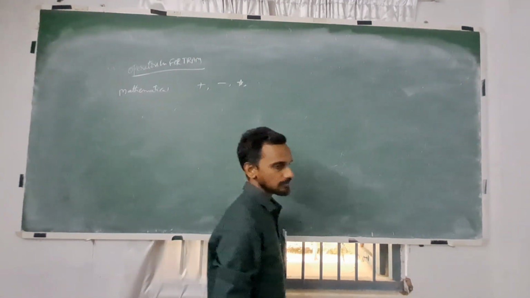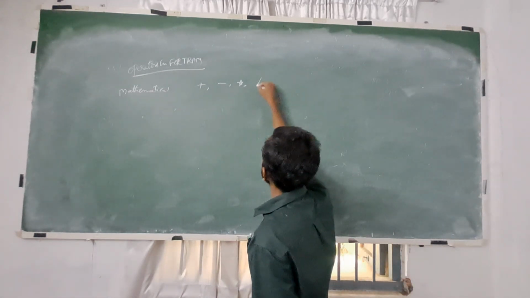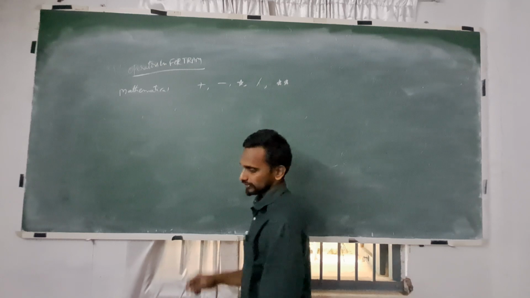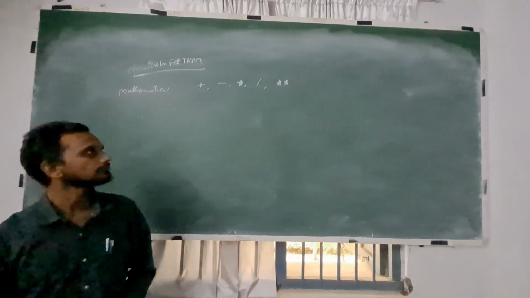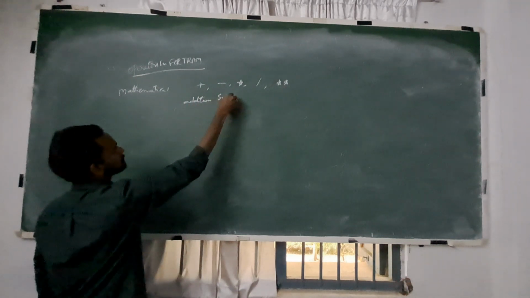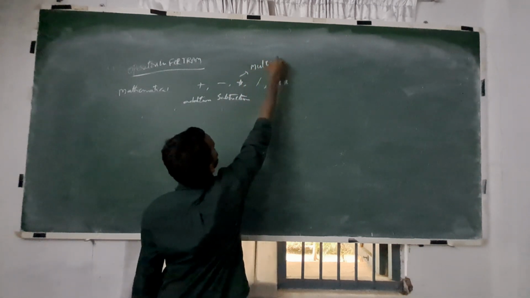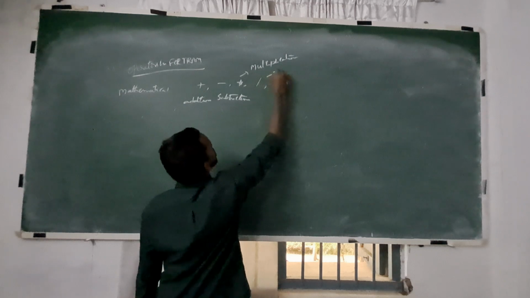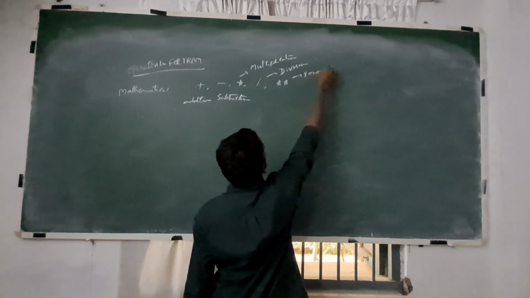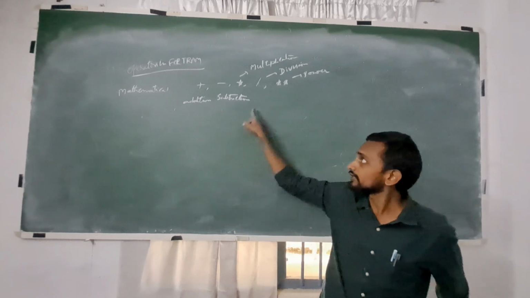Addition is plus, subtraction is minus, multiplication is star, division is slash, and double star stands for power. Addition, subtraction, multiplication, division and power. Let's say if you want to write 2 square or 3 cube, that is double star.